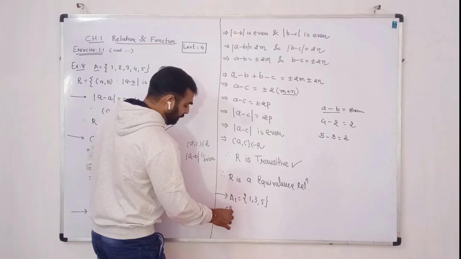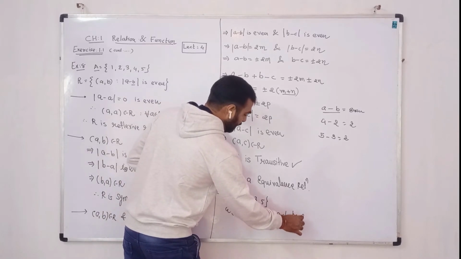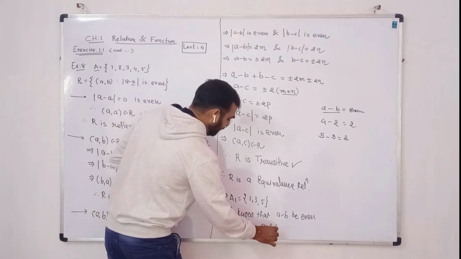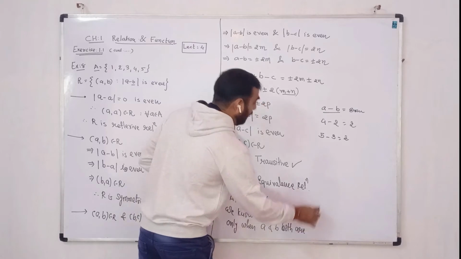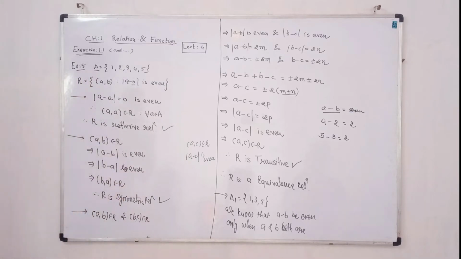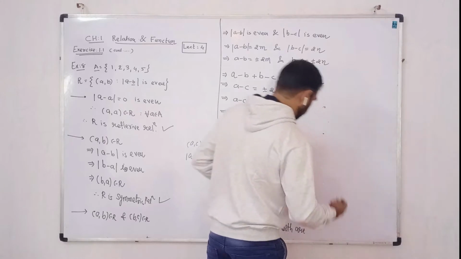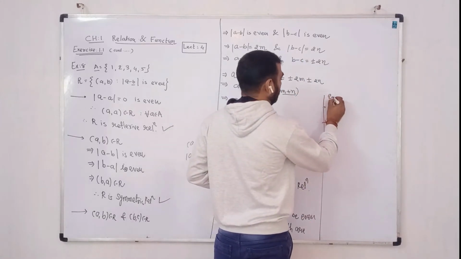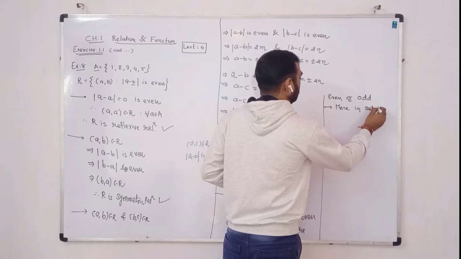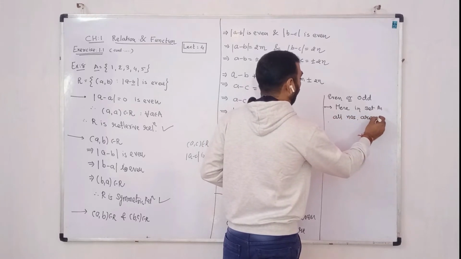So we know that A minus B is even only when A and B both are either even or odd. So here in set A1, all numbers are odd.